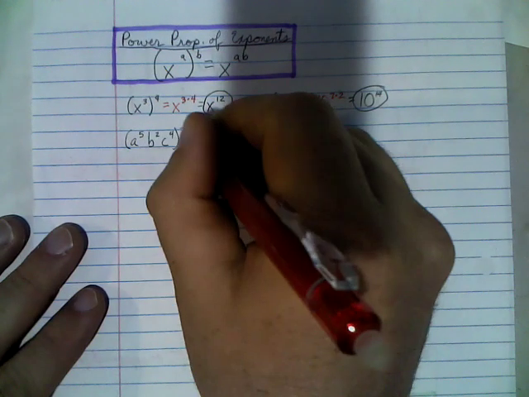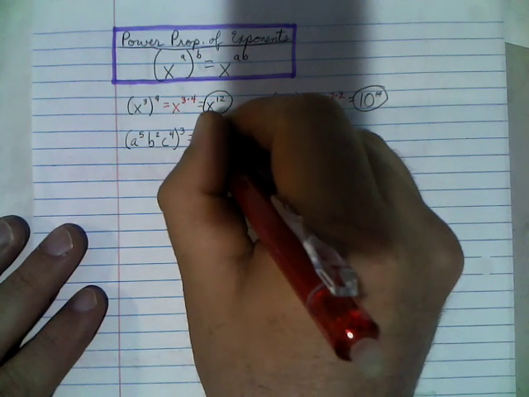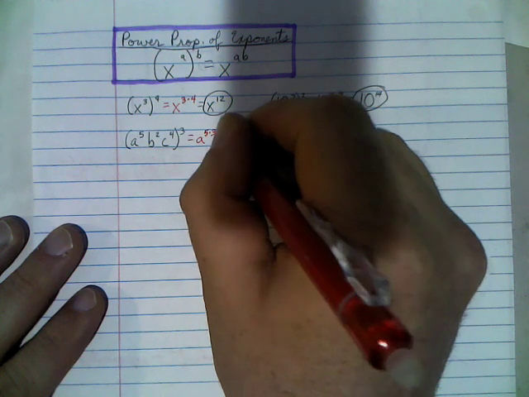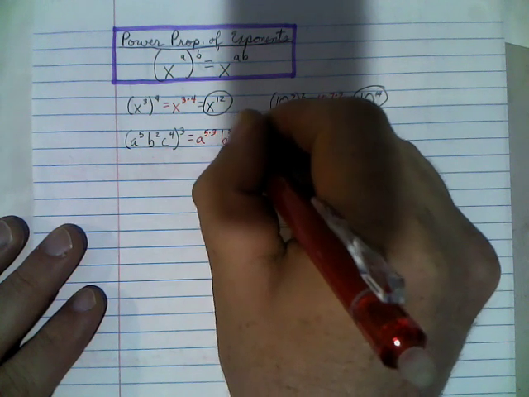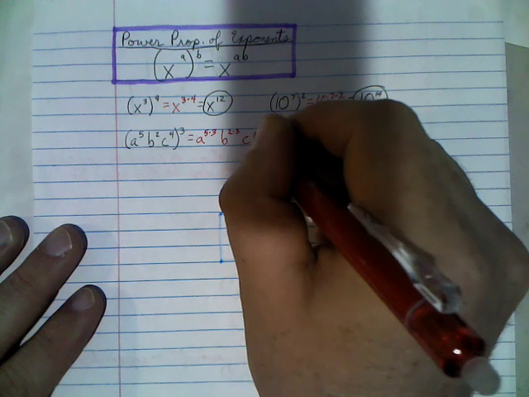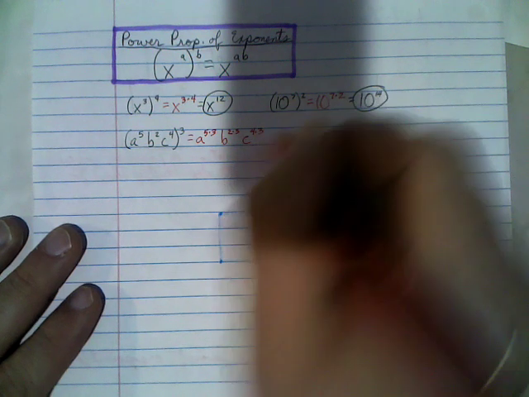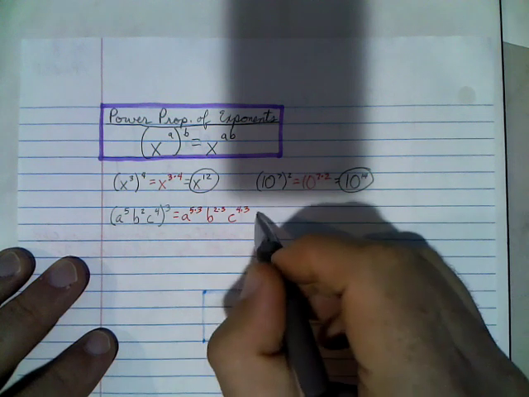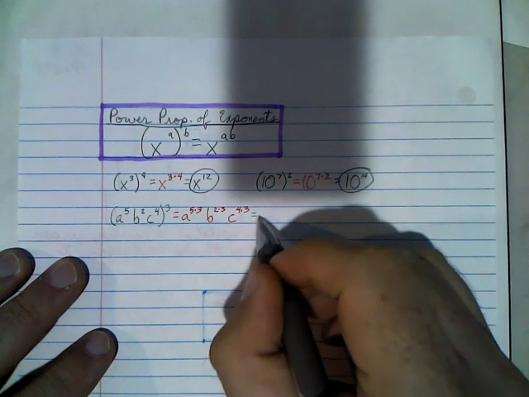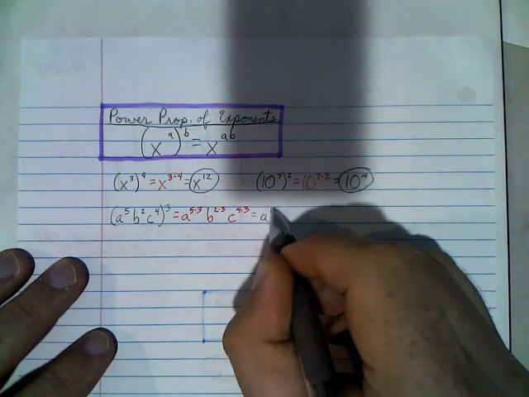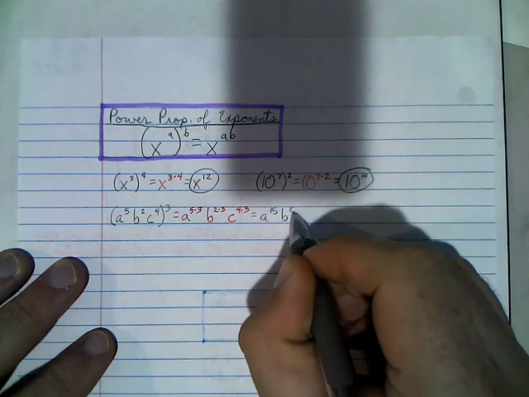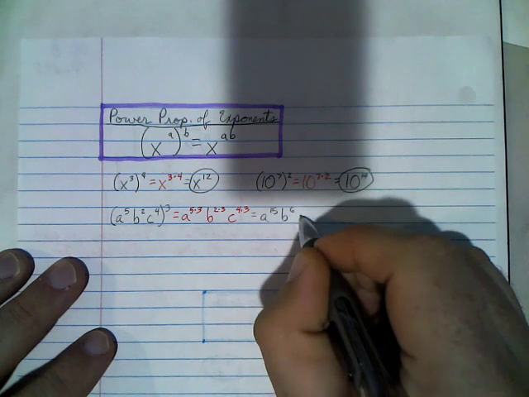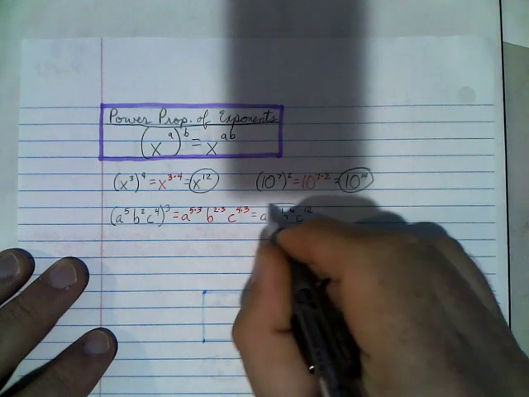And so this will become a to the power of 5 times 3, b to the power of 2 times 3, and c to the power of 4 times 3. Try to get that on my shadow there for you. So if we go ahead and do this then, this will really be a to the 15th power, b to the 6th power, and then finally c to the 12th power.